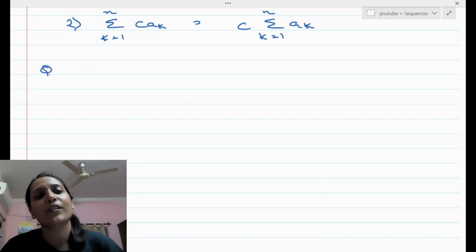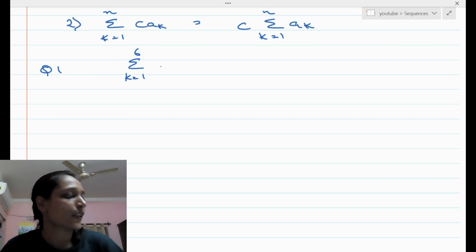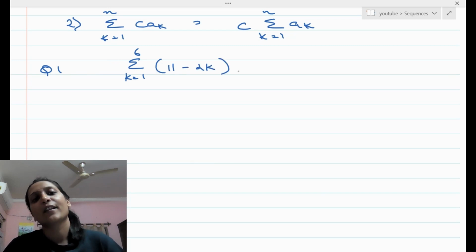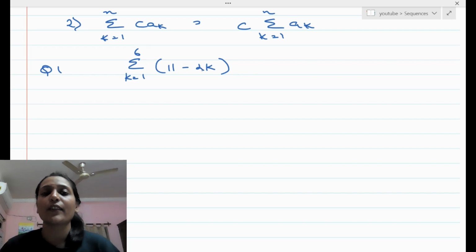Now let's use these properties to find the solution for some questions. The first question is sigma k equal to 1 to 6, we need to find the value of 11 minus 2k. Like I mentioned, first let's substitute the value. One thing that you observe here is that the 11 would consistently keep repeating 6 times. So we can either individually find the terms or split this up into two parts.